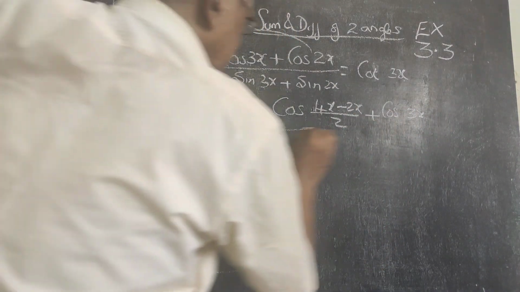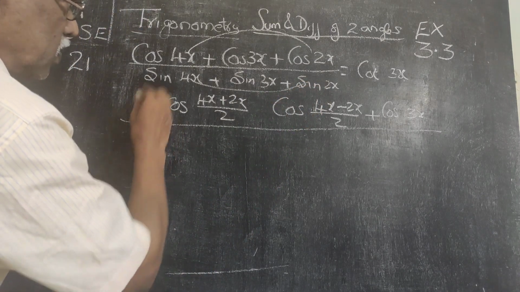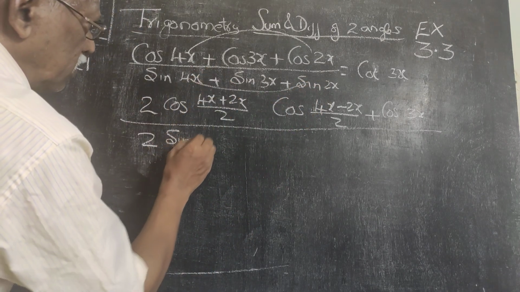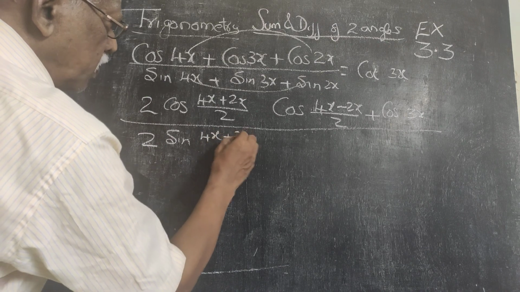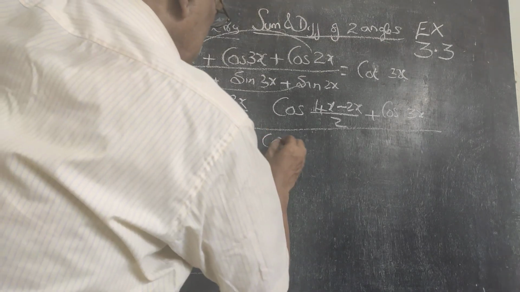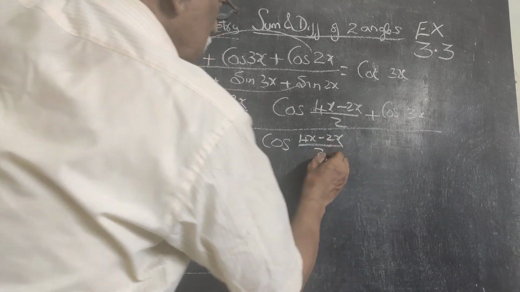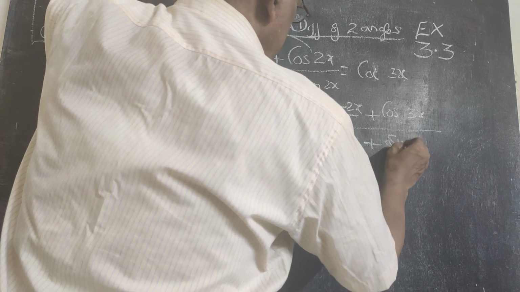The whole thing divided by, here also I am doing the same thing, sin x plus this. So 2 sin of (4x plus 2x)/2, and then cos (4x minus 2x)/2. In addition to that, sin 3x is there.